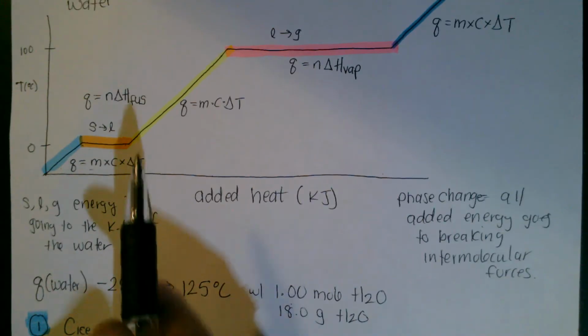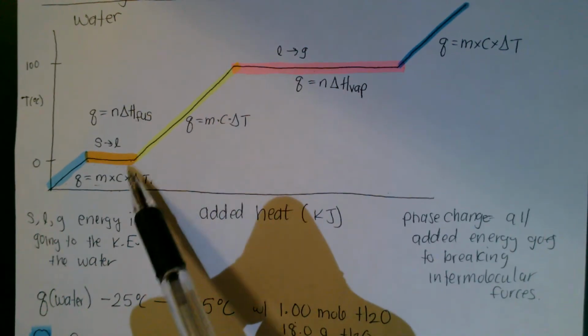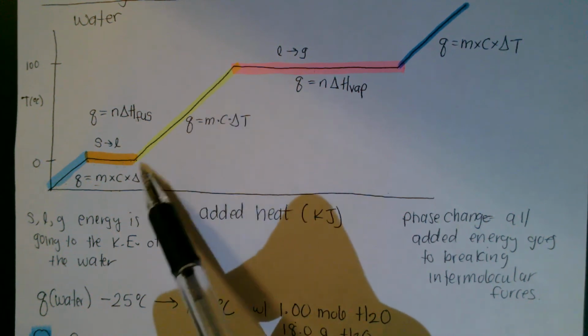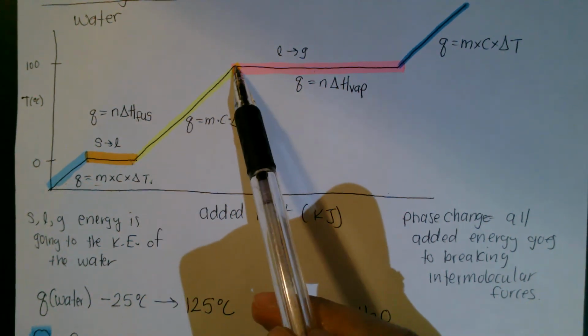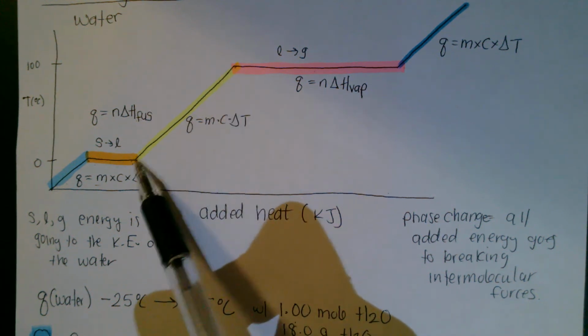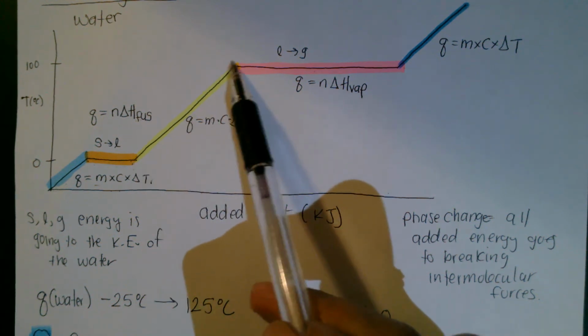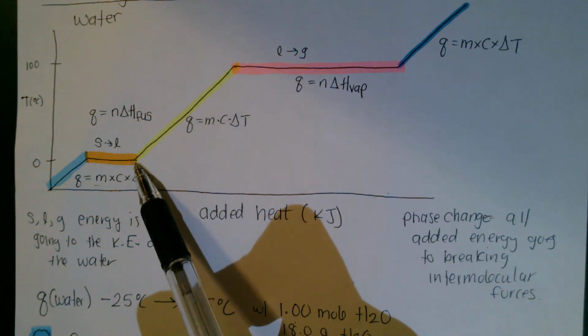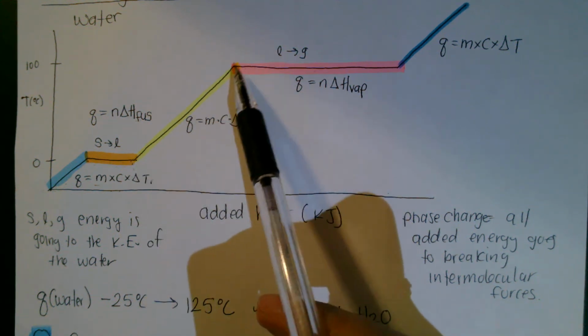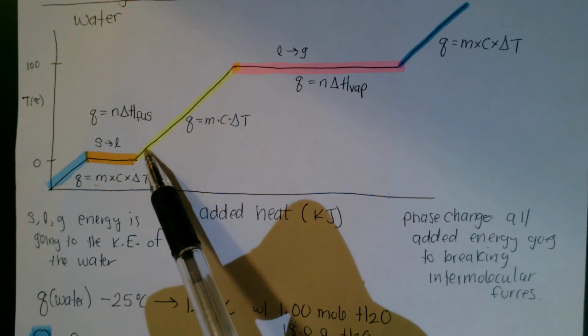Let's go up and look. So our water is in the liquid phase from 0 to 100. That's going to be our initial and final. Our boiling temperature is our final, and our freezing temperature is our initial. Again, this is water, so we know that's 0 and 100.